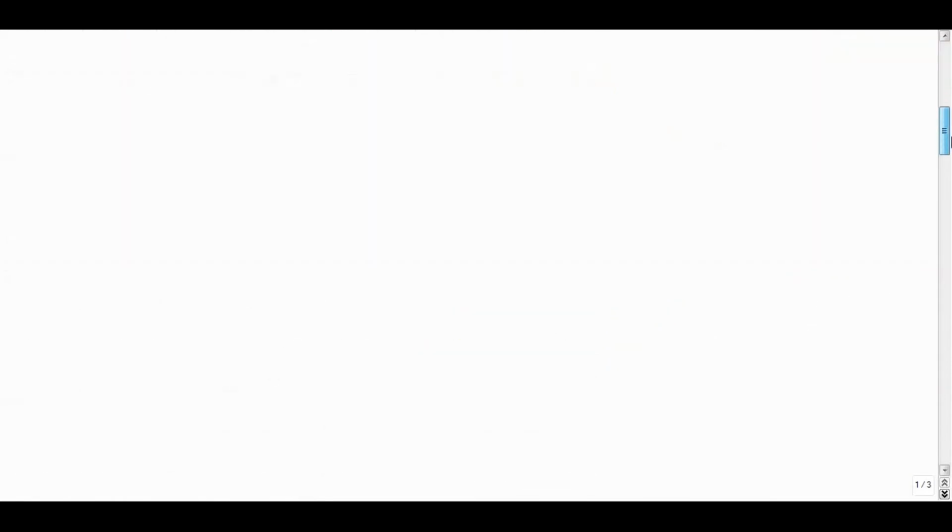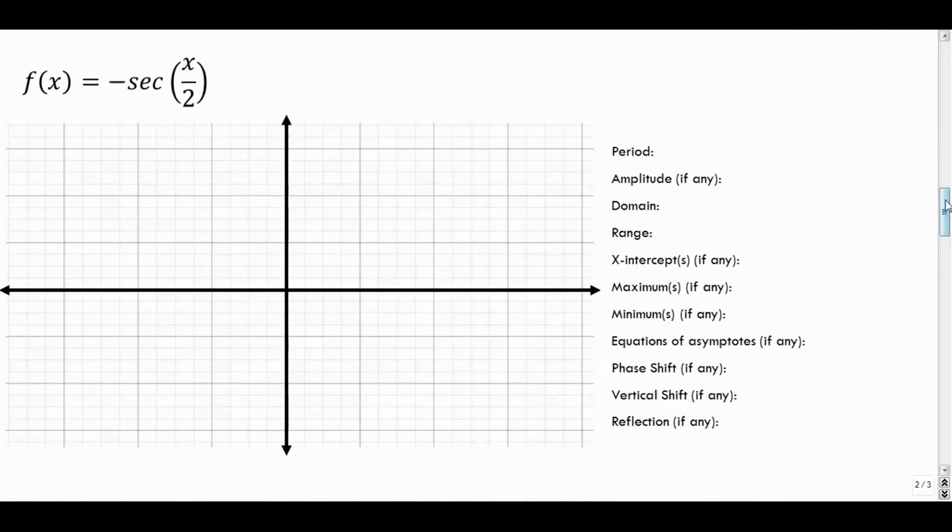Moving on. All right, so here we have negative secant of x over 2. Right away I see my reflection because I have a negative a value. If the normal secant looks like this, and then it goes over here and does something like this, that's the normal secant.